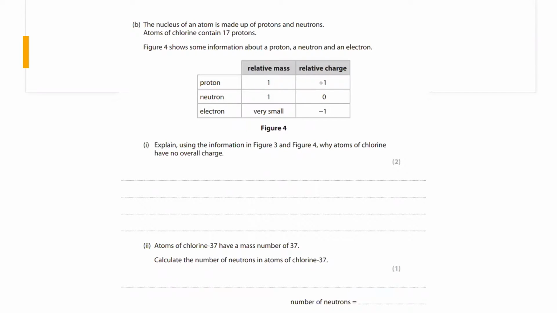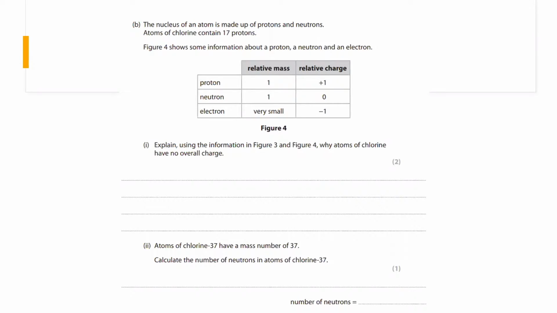Okay, the nucleus of an atom is made up of protons and neutrons. Atoms of chlorine contain 17 protons. Figure 4 shows some information about a proton, a neutron, and an electron. We've got proton relative mass 1, relative charge +1, neutron relative mass 1, relative charge 0, electron relative mass very small, relative charge -1.